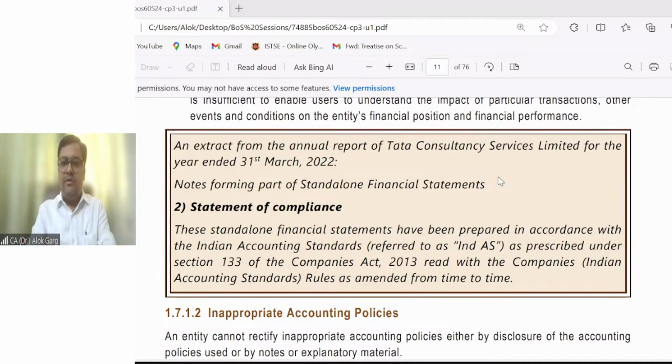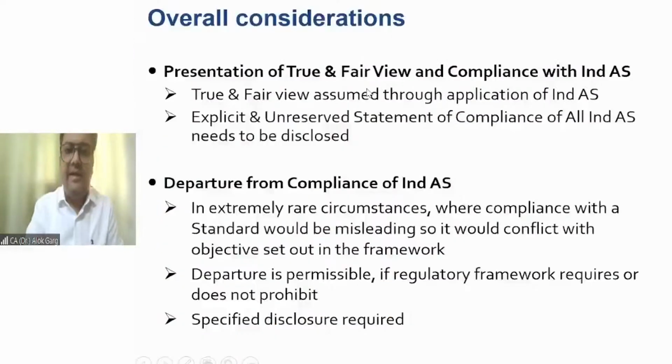Let's move on. So now you understand that there is a requirement of a statement of compliance. Let me go back to my presentation. So friends, the standard says, is there any circumstance where you can depart from compliance with Ind AS? Meaning if Ind AS says X, you need not do the compliance.